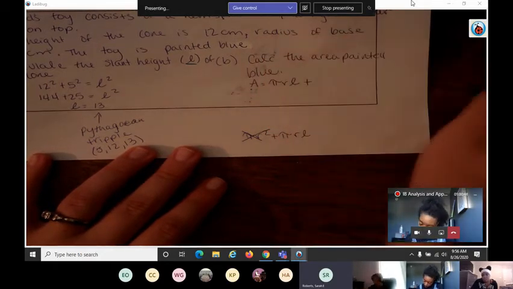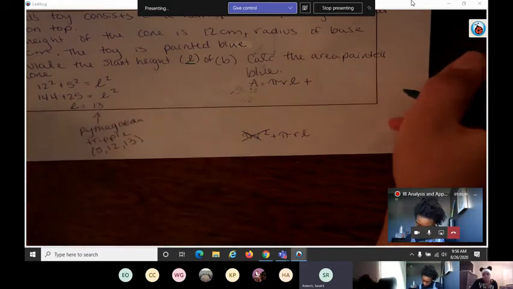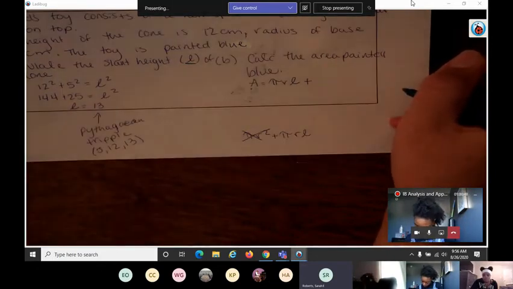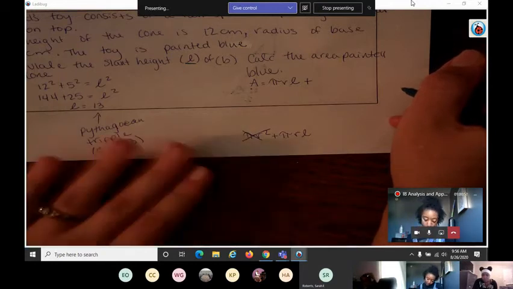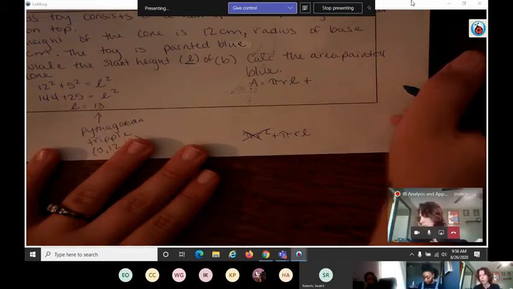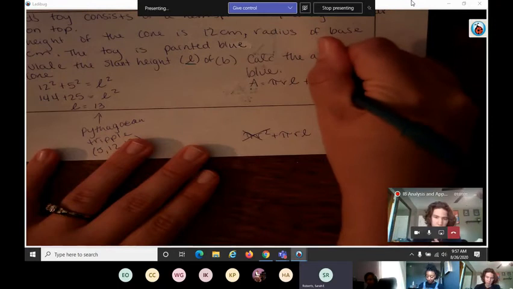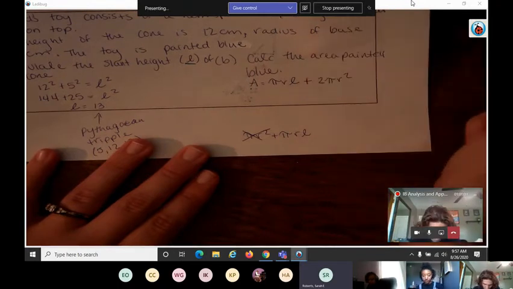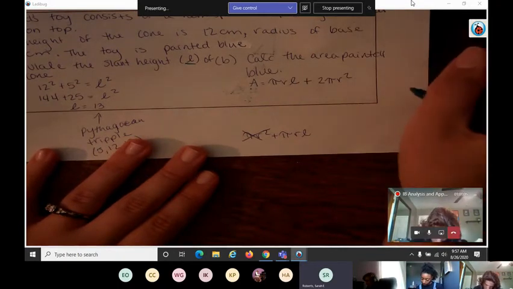And then what was the surface area for a hemisphere without a base? Two pi r squared. Beautiful. So that's going to be the area that is painted blue.